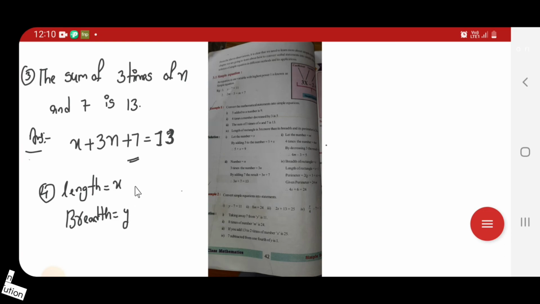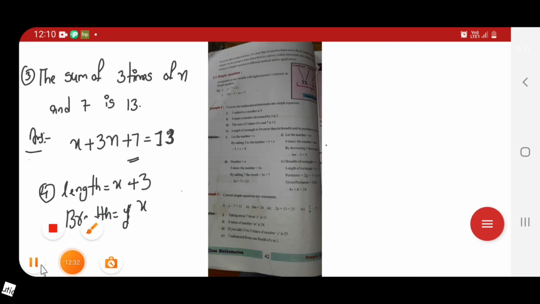What is the question given? Length of a rectangle is 3 m more than its breadth. Length of a rectangle is already given as x plus 3 m.